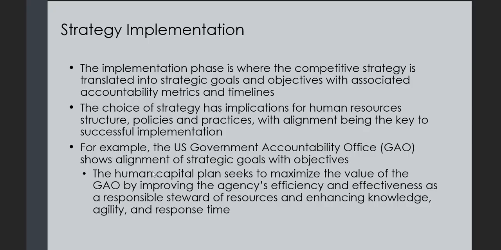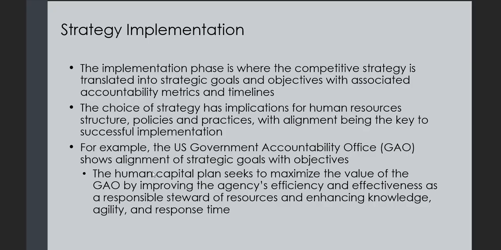So let's use the example here of the US Government Accountability Office. It shows alignment of strategic goals with objectives. It focuses on improving the agency's efficiency and effectiveness while acting as a responsible steward of resources and enhancing knowledge, agility, and response time.